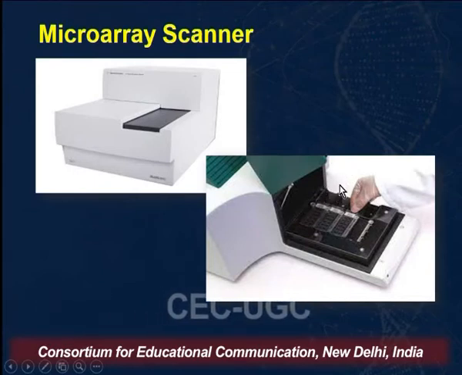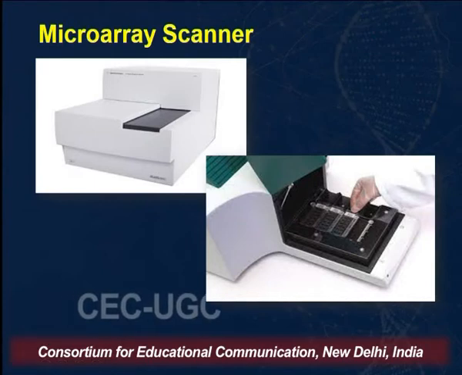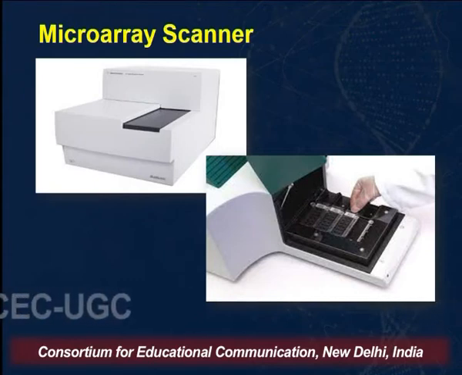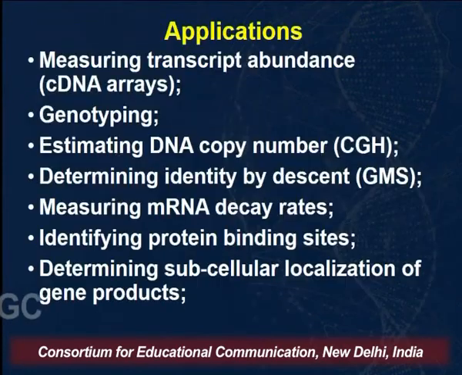Then those images can be further analyzed in different software to give values, for example, the differential expression, or absence or presence of different regions, or the presence of different sequence modifications. So this is how the microarray scanner works.